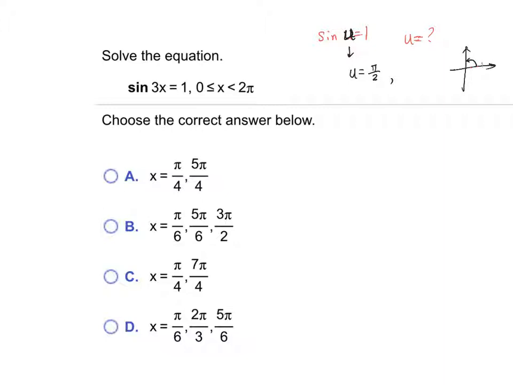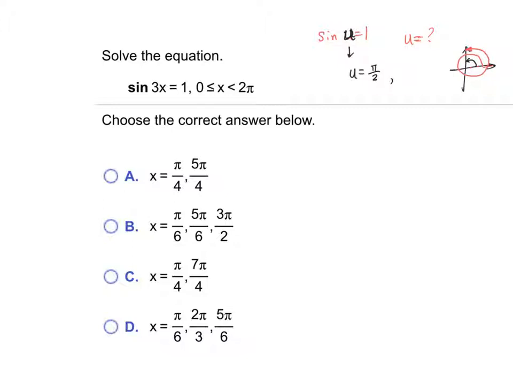This new angle begins here and then goes back to here. The angle with the red label shares the same initial side and terminal side of these 90-degree angles. So therefore, they have the same sine value.